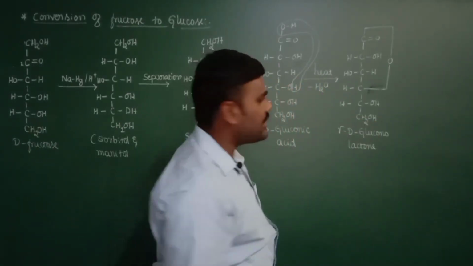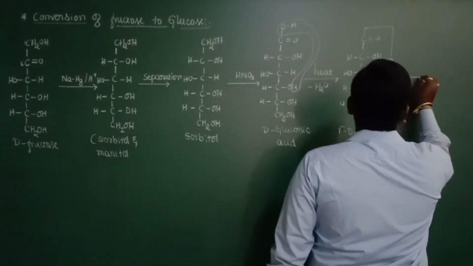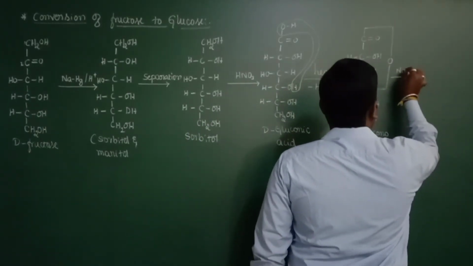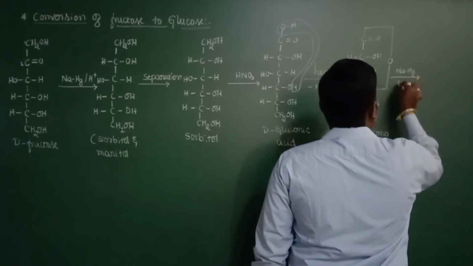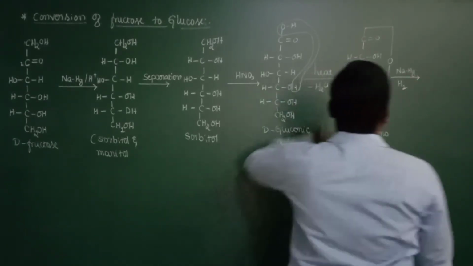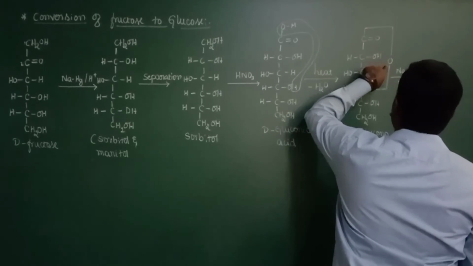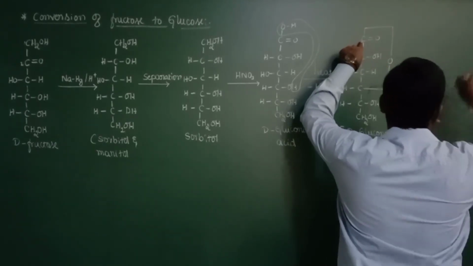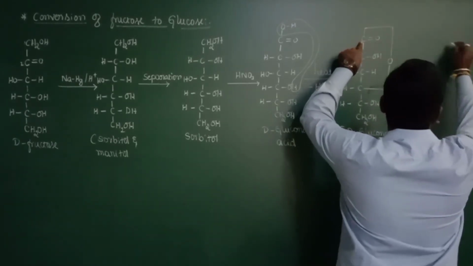And at last, when this D-gluconolactone is further subjected to the process of reduction in presence of sodium amalgam, this carbonyl group will get one hydrogen.